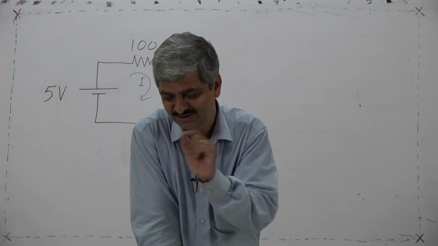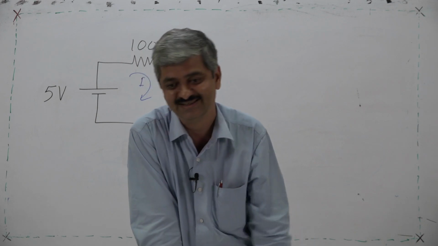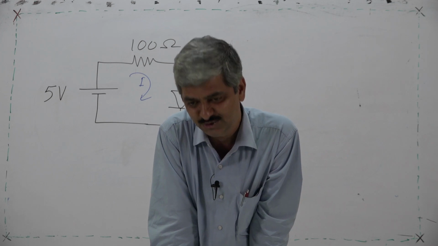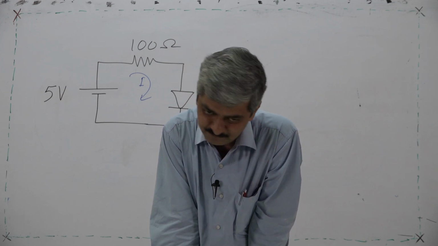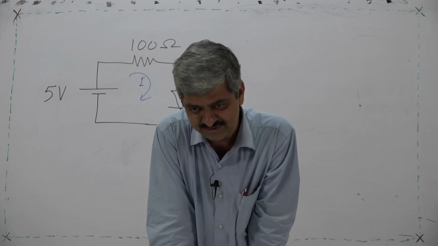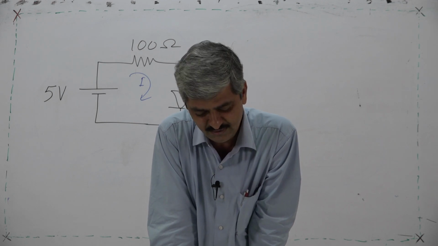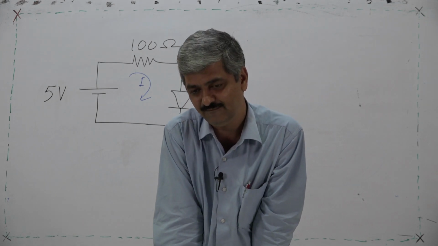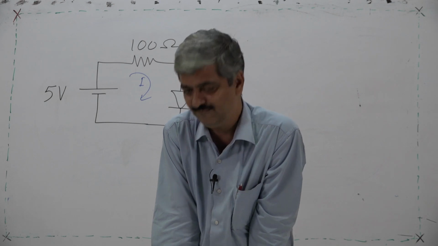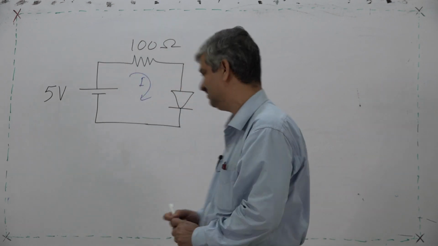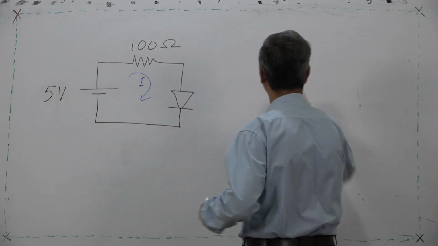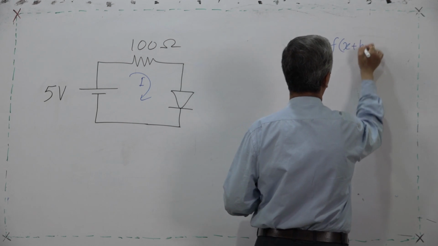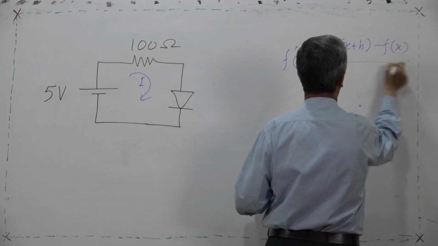I was stumbling at f of x a few seconds ago. This is because, when we go for discrete time signal processing, I have a new conviction about it. It is a small deviation, but I think it is a worthwhile deviation. f dash x is equal to f of x plus h minus f of x upon h.